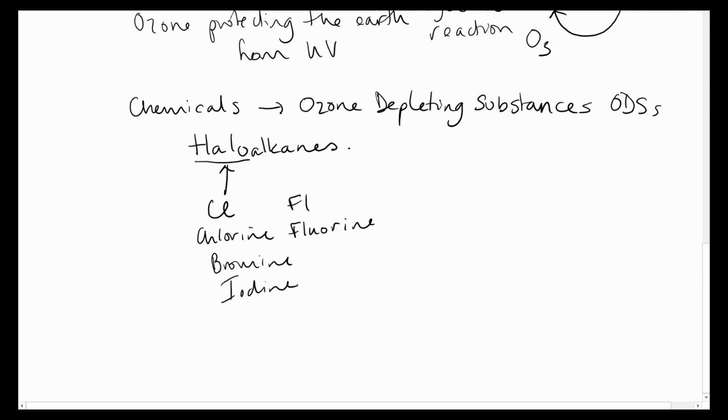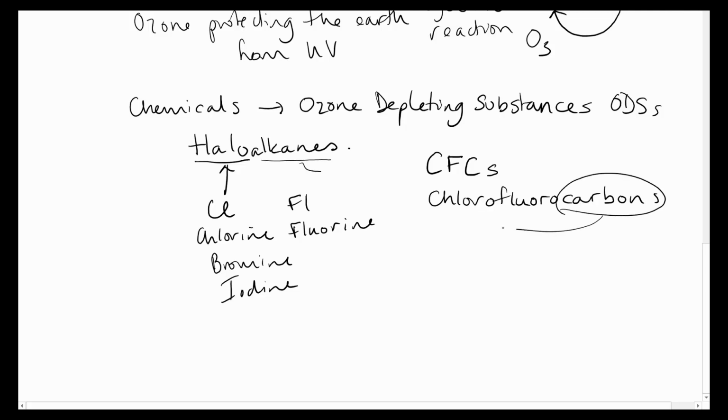Okay? The most famous of these, and the first one to be discovered to have this unfortunate property, was substances called CFCs: chloro, fluoro, carbons. So that word, the alkanes, is the carbon part of the name there.